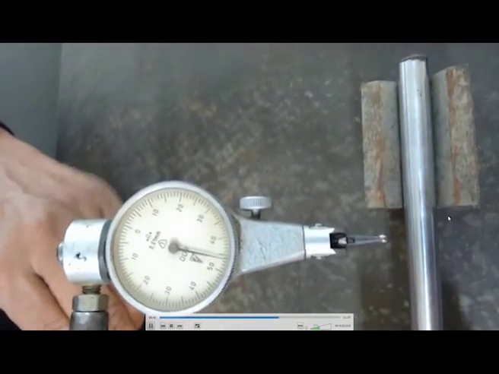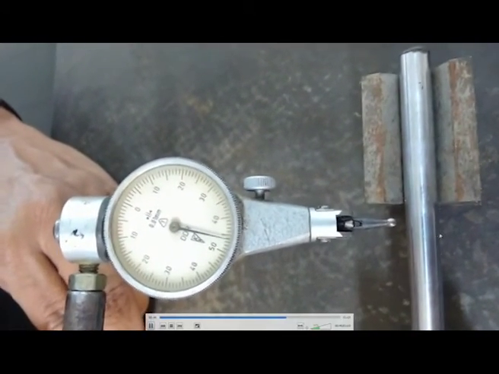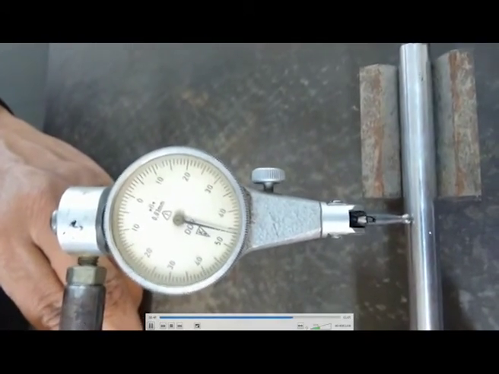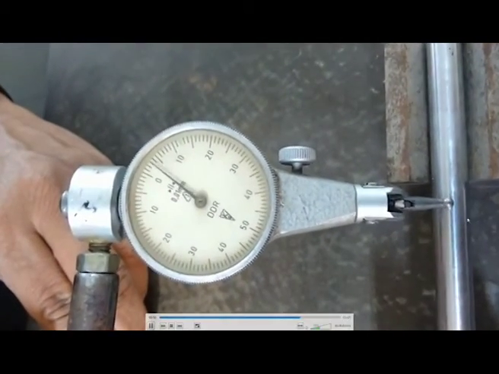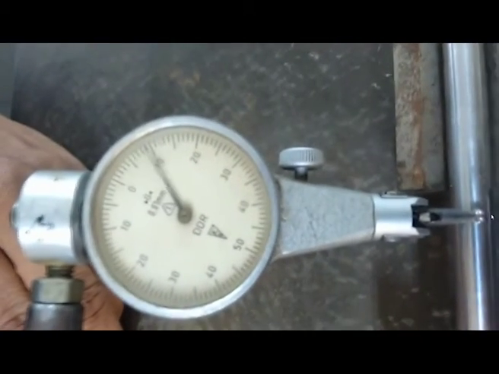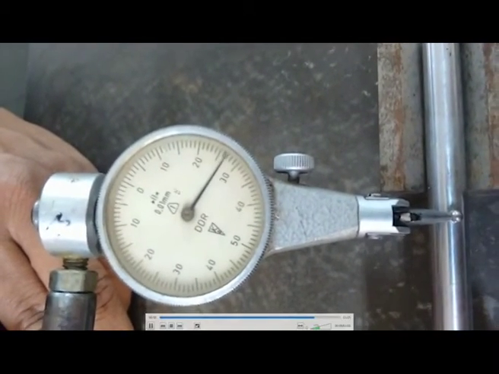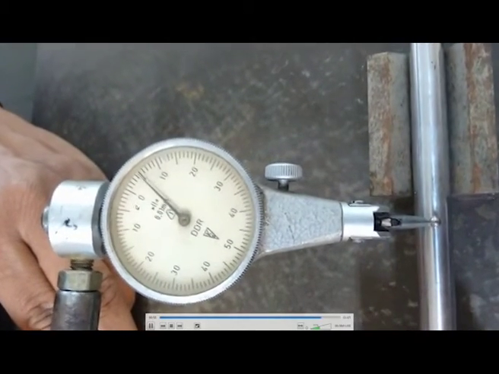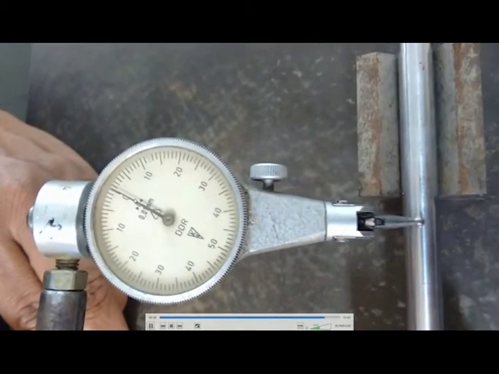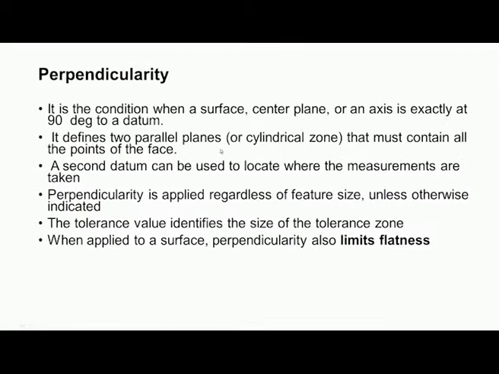Using the dial test indicator we are taking the readings. We have to move this stylus over the specimen and take the maximum reading. Now, we can see here it is 0. Like this, at different positions we have to take the readings and then we can find the straightness.